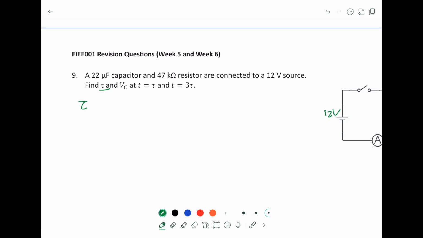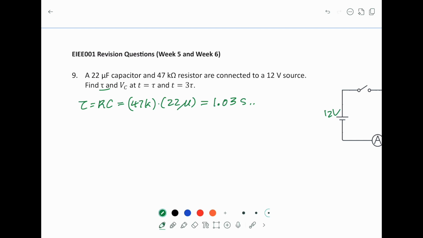Tau is RC for an RC circuit, so this is 47k times 22 micro. If you plug this into your calculator, you will find 1.03 seconds. Now, what's the voltage across the capacitor at t equal to tau and 3 tau?